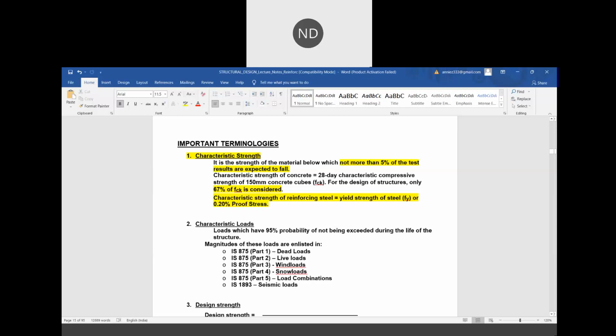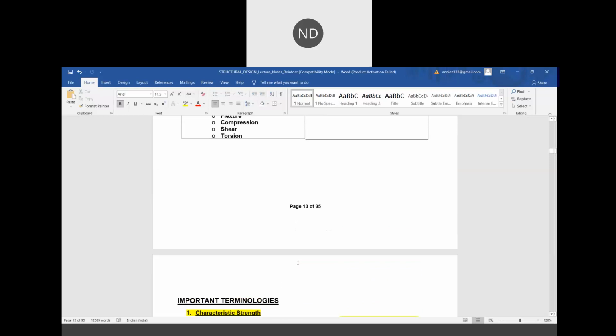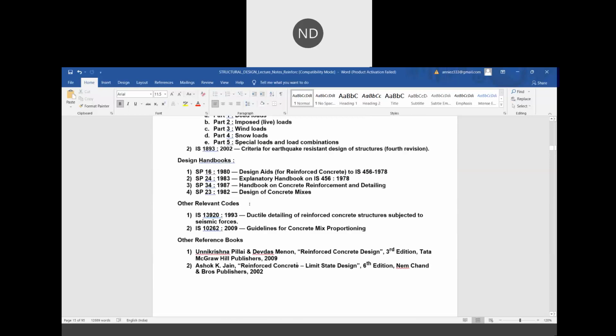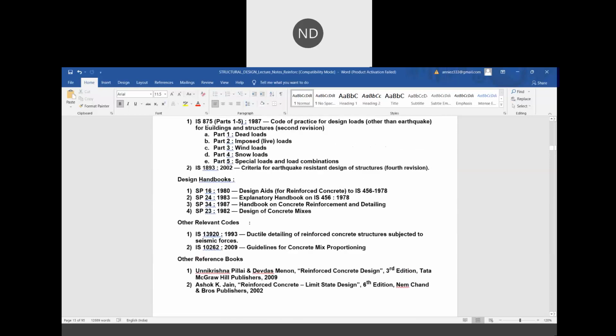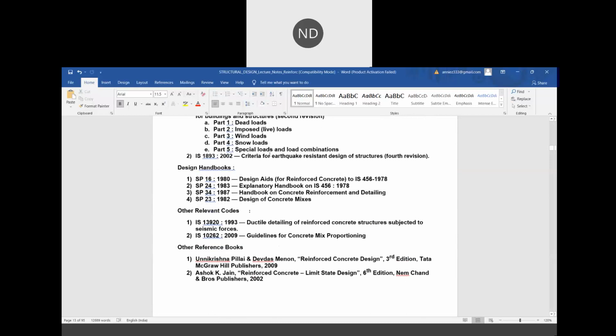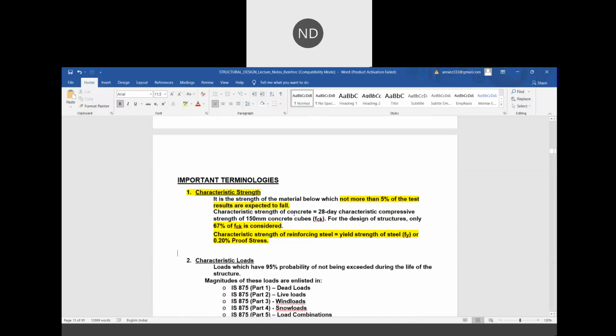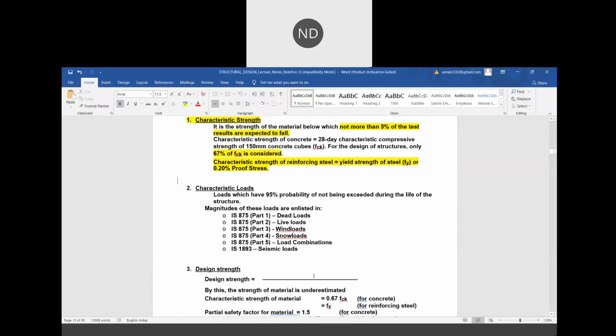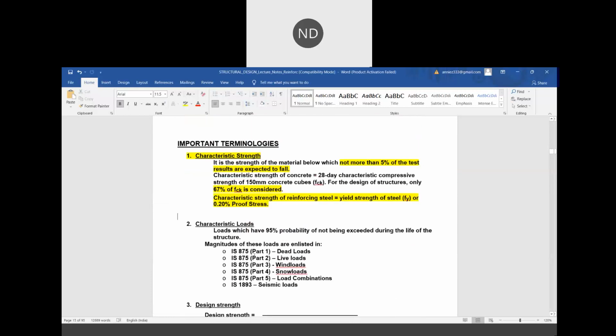This is IS 875 (1987). Part 1 is for dead loads, part 2 is for live loads, part 4 is for snow loads, part 5 is for load combinations. IS 1893 is for seismic loads.